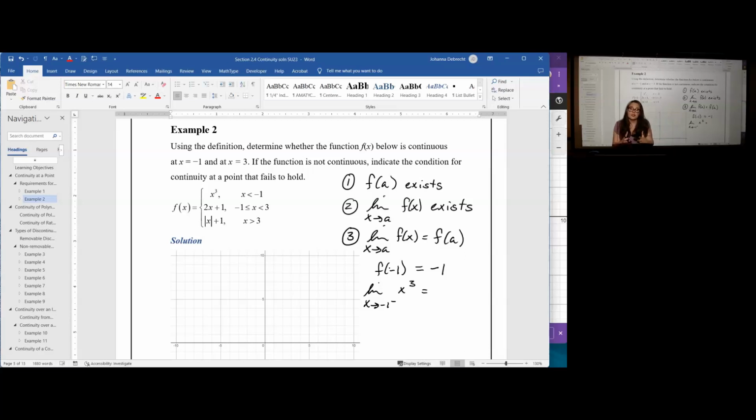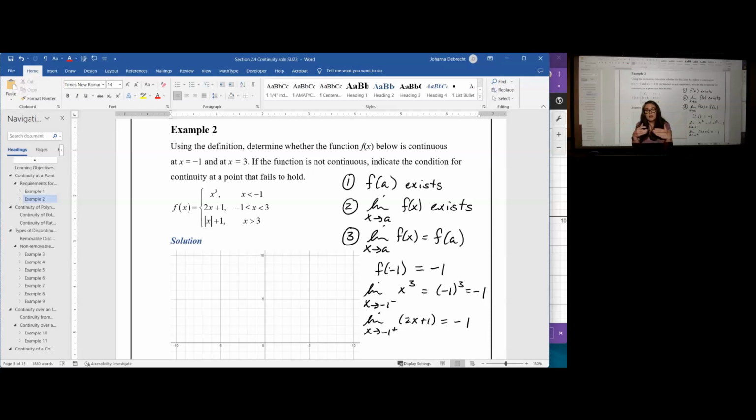I can substitute the value of -1 in, and I get -1 cubed, which equals -1. Then I look at the limit from the right side of -1. That uses the second rule where the x values are greater than or equal to -1. The rule is 2x plus 1. When I substitute -1 into this, I again end up with -1.